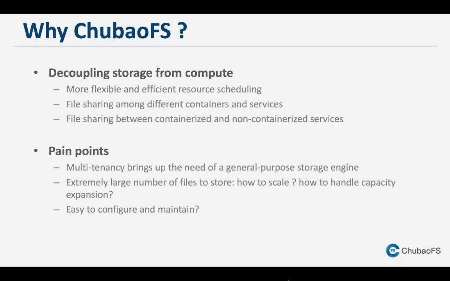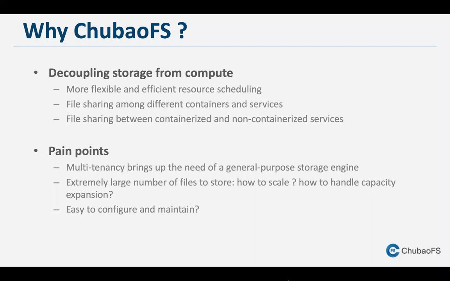So then it eventually boils down to the question of how can we have a generalized or general purpose storage engine that can have excellent performance for us. And the second point is the extremely large number of files that we need to store. This also comes from this integrated multi-tenancy container platform.